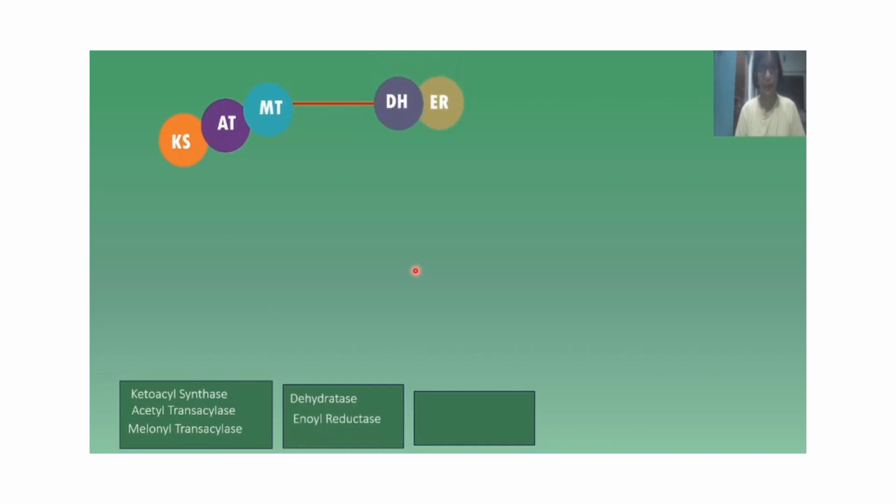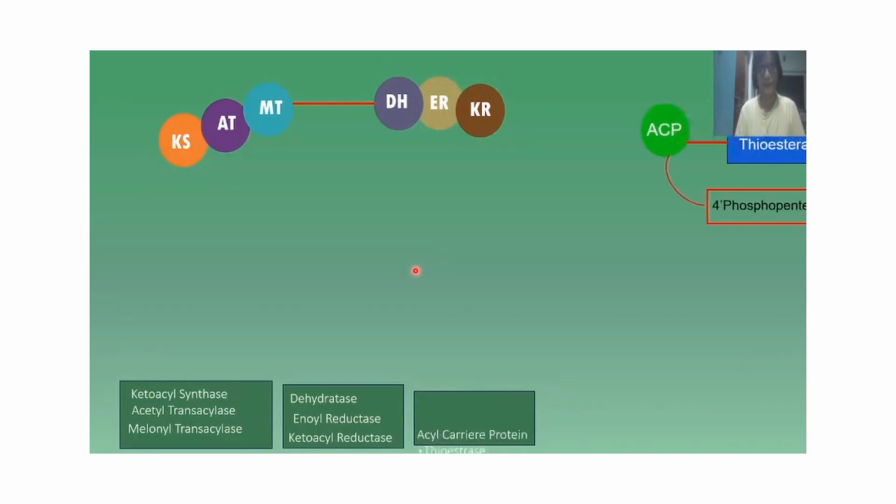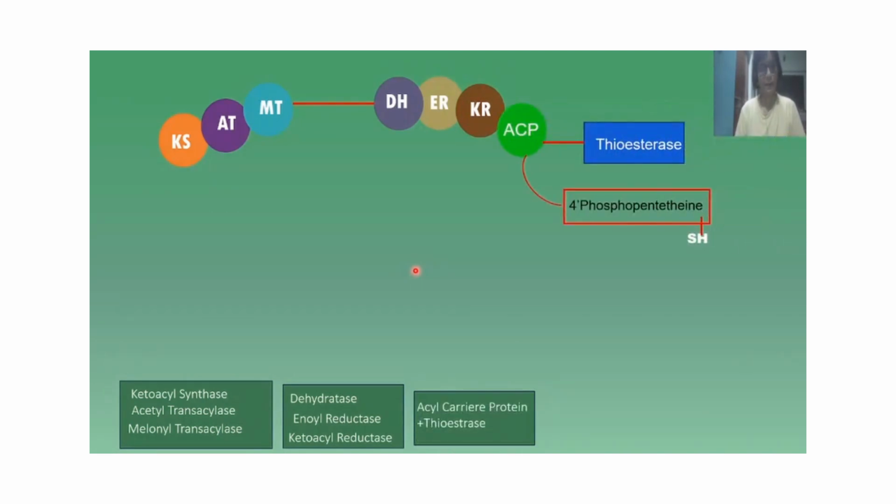This enzyme consists of 7 proteins including ketoacyl synthase, acyl transacylase, malonyl transacylase, dehydratase, enoyl reductase, ketoacyl reductase, and one acyl carrier protein, that is ACP, and this ACP is linked with another enzyme, that is thioesterase.